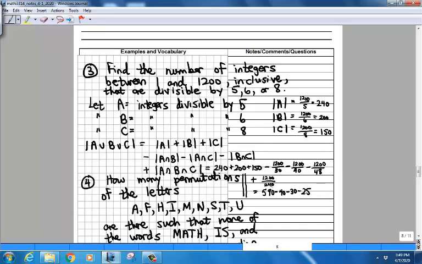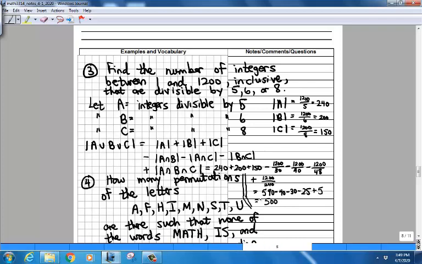And then we want to add back in 1200 divided by 240, and that's easy to see is going to be 5. So there's our total. 590 minus 70. Is that exactly 500? Looks that way, right? 590 minus 70 is 520, minus 25 is 495, plus 5 is 500.